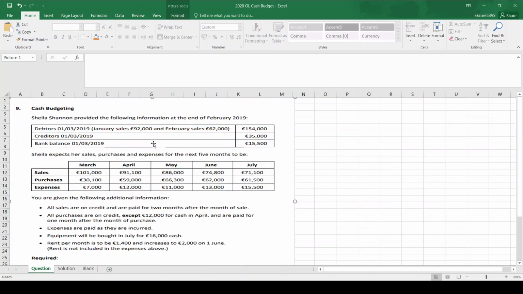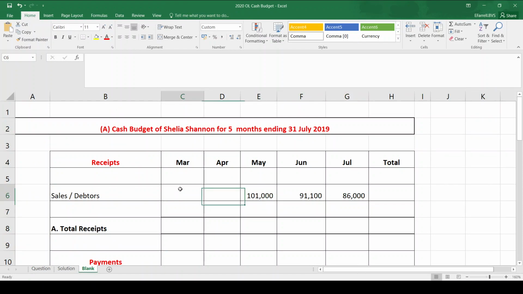Well, sales are the debtors. So if I go up to my debtors here, I will see that I'm given a breakdown of the sales for January and for February. Because it's all sales on credit and paid for 2 months after, the January sales is what I will receive in March. So in March, I will receive January sales of 92,000.